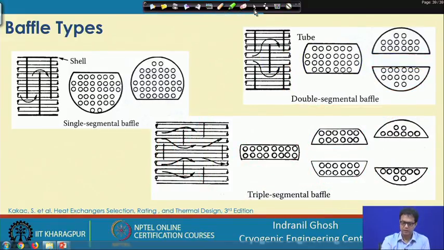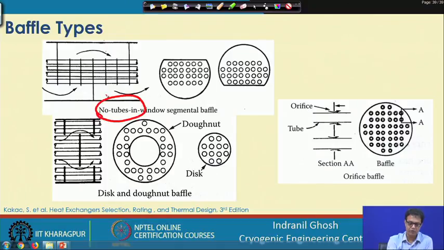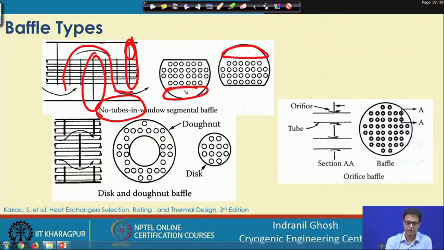And then we have other types of baffles, where there is no tube in the window segment. So, we have baffles here, and finally, on this part you see there is no baffle in this particular segment. So, this is vacant. The fluid is flowing like this, and on this part again we have no tube in the window segment.